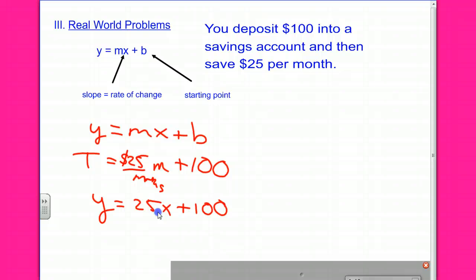Could you say for negative 12 months, negative a year? It doesn't make sense, does it, in our real world? We don't go back in time. But we could imagine going back in time. If we didn't save for 4 months, we would now be at $0 because they would have withdrawn 25 for every month we were not saving.